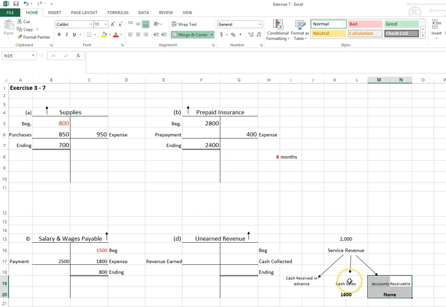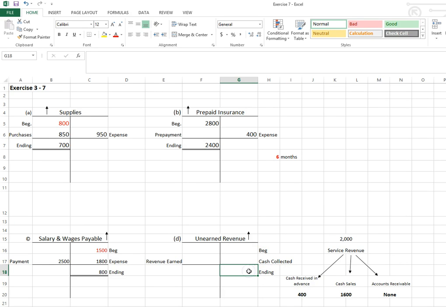We can earn the revenue at the time we collect the cash, or we can earn the revenue after the cash is received. Again, before cash, at the timing of cash, or after cash has been received. And in this case, we can see there was $400 that was earned after the cash was received.